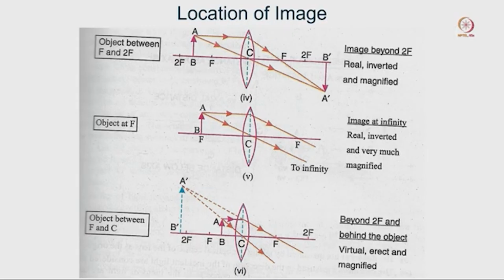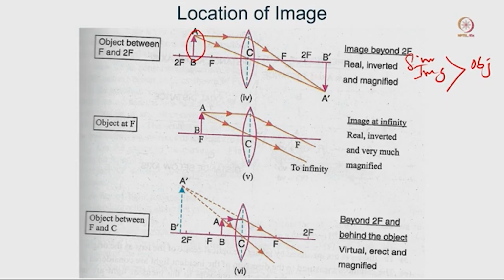What about if I move that object in between 2f and f? If my object is staying in between 2f and f, it will give us an image which is forming after 2f distance, and the image size here is much bigger than the object.